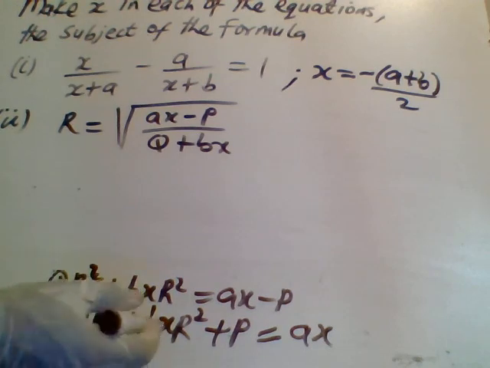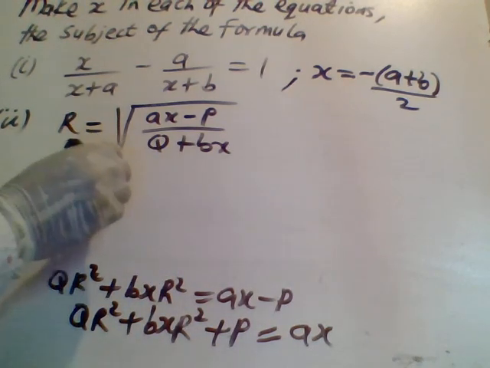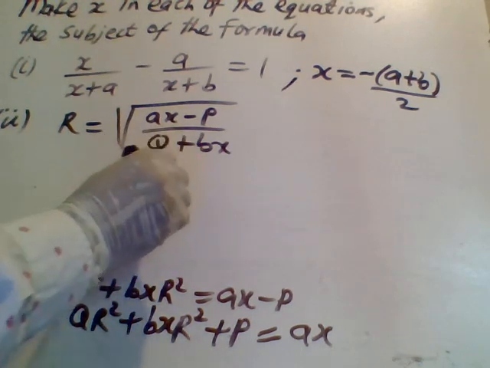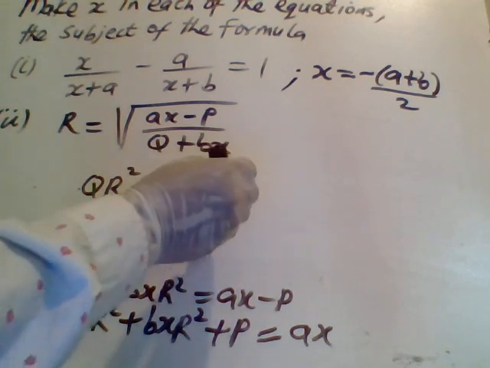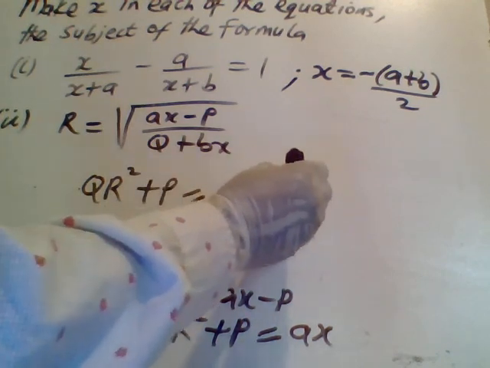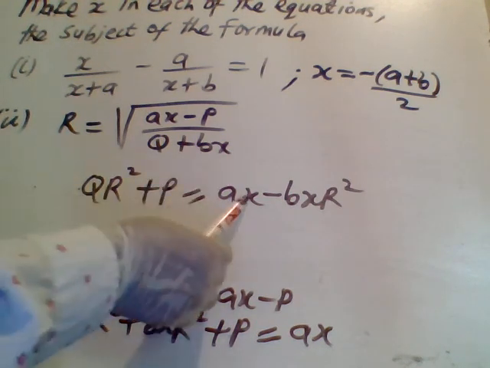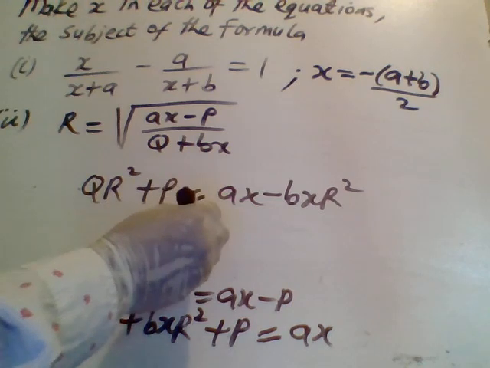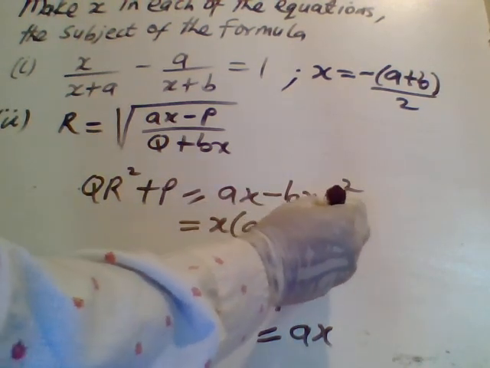So let this term here go to the other side. If you do that, you have q r squared plus p. When it crosses this equal sign, the sign changes to minus. So you have ax minus bx r squared. In this case, we can factor out x because it's common to both terms. Have x in bracket a minus b r squared.